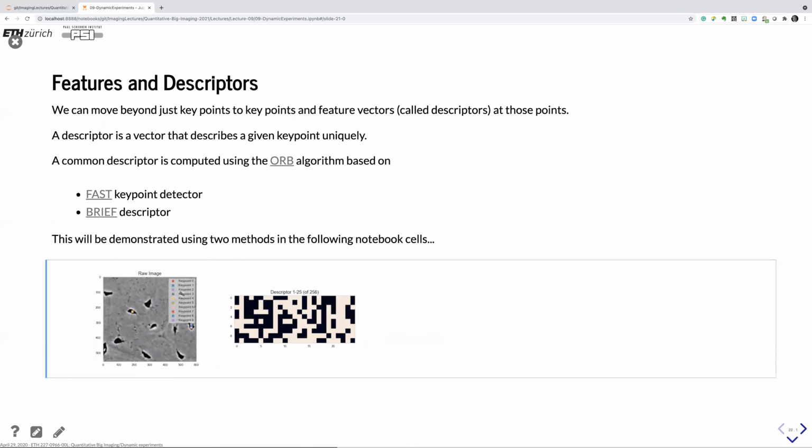Another thing is, in the previous slide, we only identified that we have a corner point, but not really which one is what. And what you can do is actually to add descriptors. Each corner point gets a unique description, which is very often a binary number with 128 to 512 bits. So it's a pretty large number.